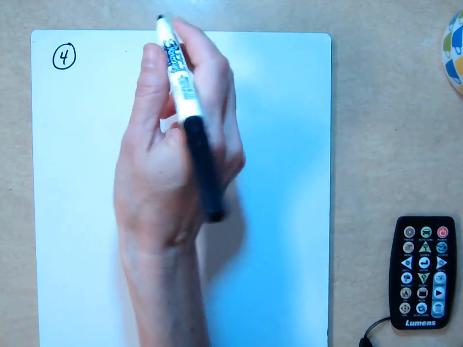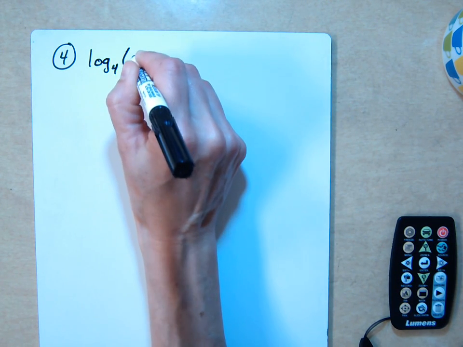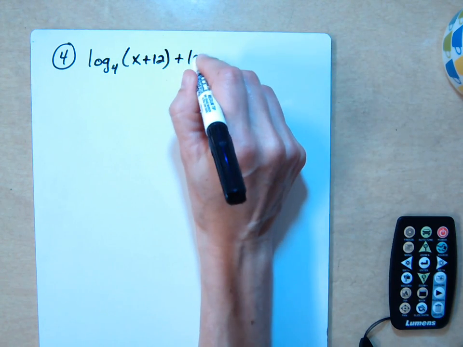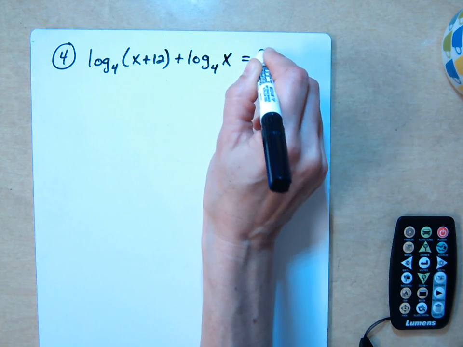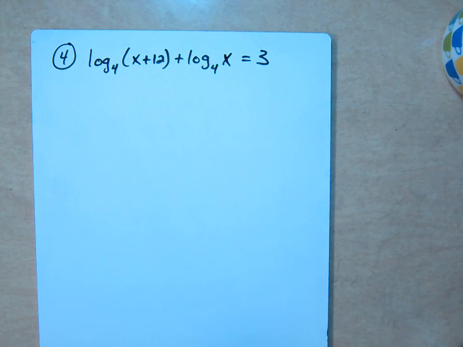Number 4, last example, is log base 4 of x plus 12 plus log base 4 of x equals 3. Okay, so you go ahead and you try that because you have all the skills you need. Solve for x and go ahead and try that.